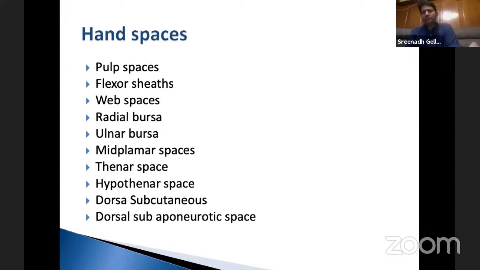Pulp spaces, web spaces, dorsal subaponeurotic and dorsal subcutaneous spaces are quite superficial. The flexor sheaths, radial bursa, ulnar bursa, mid-palmar spaces, thenar spaces, and hypothenar spaces are usually deep. If there is an infection there, it usually takes some time before it becomes apparent that it is not cellulitis, not a superficial infection, but there is a collection.